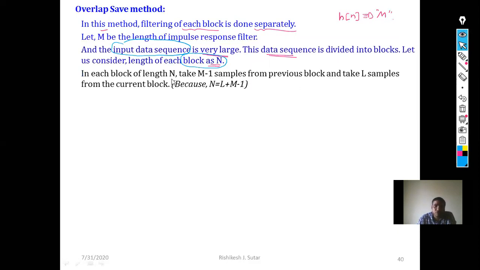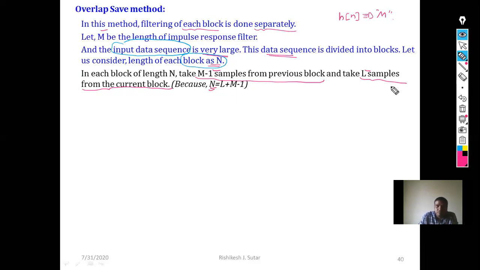In each block of length N, take M minus 1 samples from the previous block and L samples from the current block. So this M minus 1 and L, if you add, I will get capital N samples.